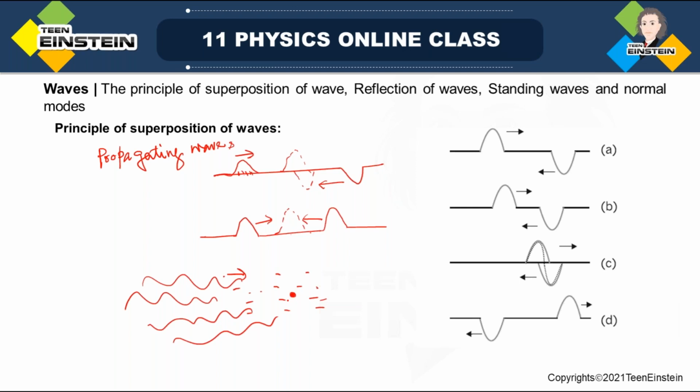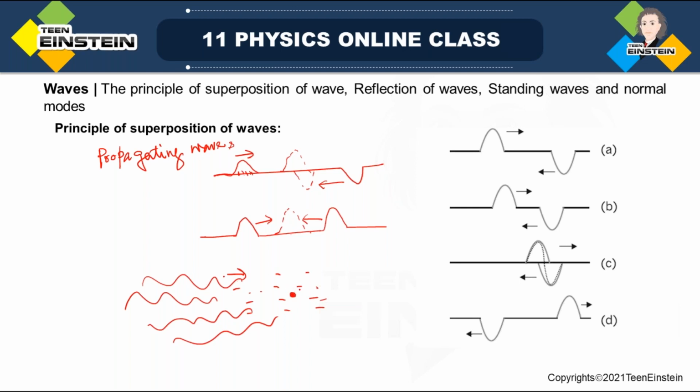That means exactly at the same time, all of them pass through this particular particle of the medium at the same time. Then what will be the displacement?